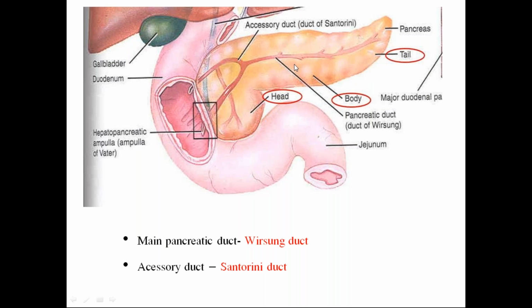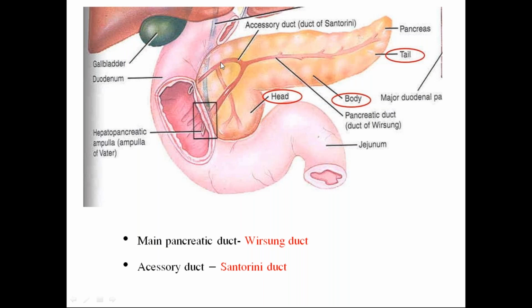So coming to ductal drainage, the main duct is the pancreatic duct of Wirsung. One more thing we need to appreciate is that the pancreas arises from two buds, namely the dorsal bud and the ventral bud. The ventral bud arises from the hepatopancreatic duct, and the dorsal bud is located posteriorly towards the mesentery.